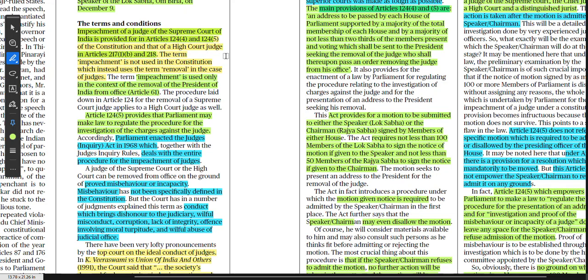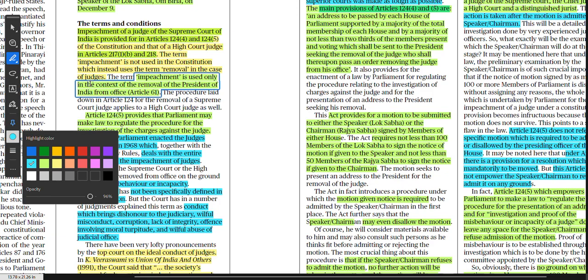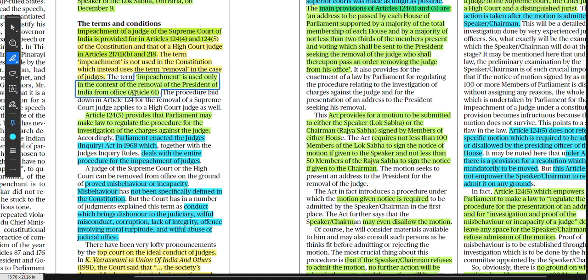The term impeachment is not used in the Constitution, which instead uses the term removal in the case of judges. The term impeachment is used only in the context of the removal of the President of India from his office. So basically, what these lines are trying to say is that the impeachment of a judge of the Supreme Court is provided under Article 124, Clause 4 and Clause 5, and the impeachment of a judge of the High Court is given in Article 217, Clause 1, Subclause B, and 218.